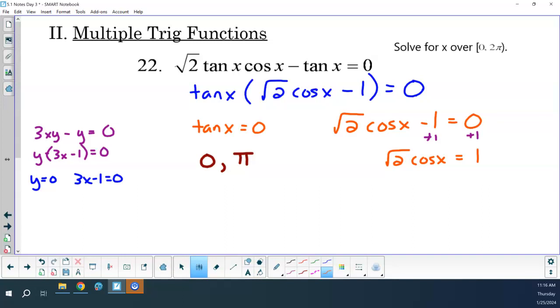Then, divide both sides by square root of 2. 1 over the square root of 2.